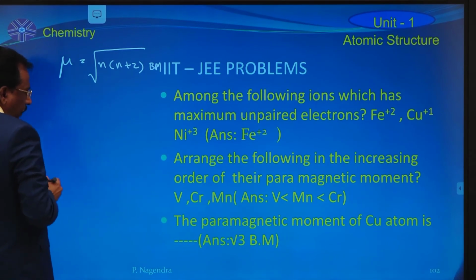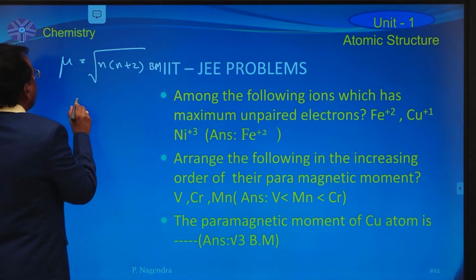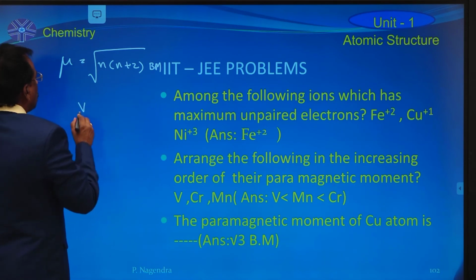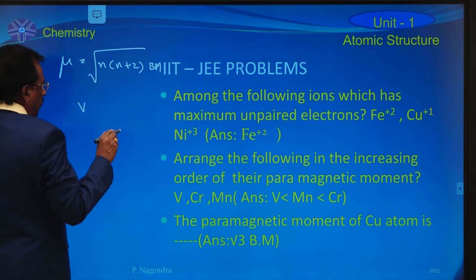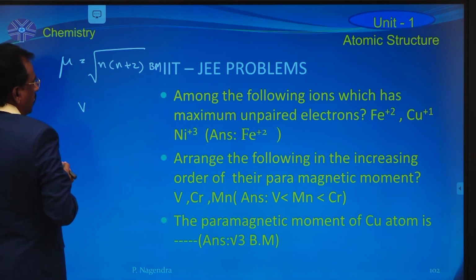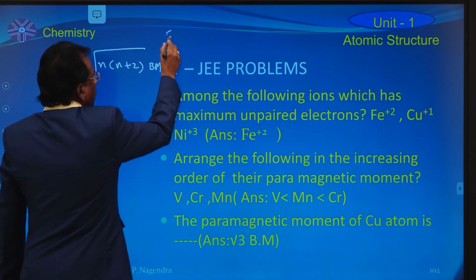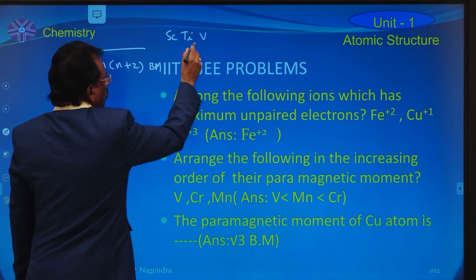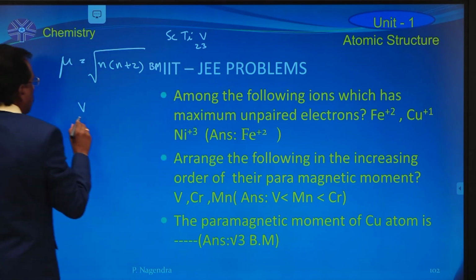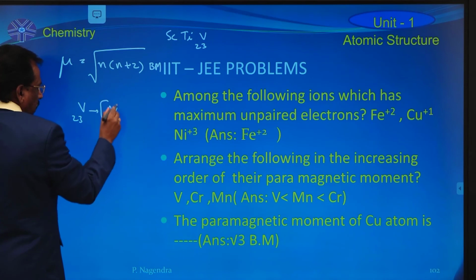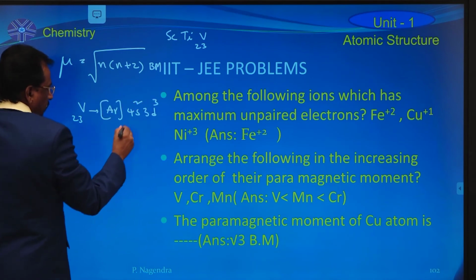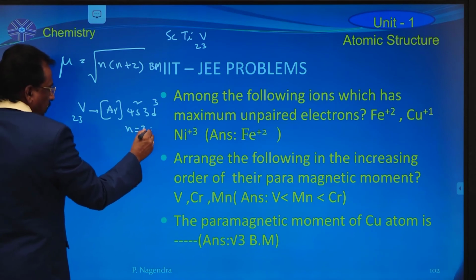So here scandium 21, titanium 22, vanadium 23. Vanadium's outer configuration is argon 4s2 3d3. So the number of unpaired electrons is equal to 3.